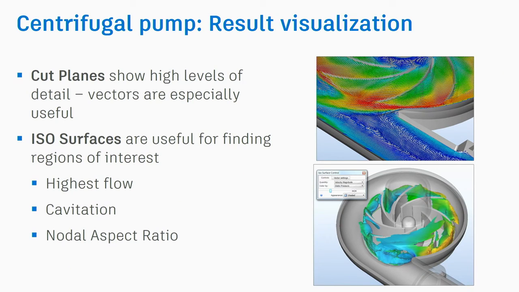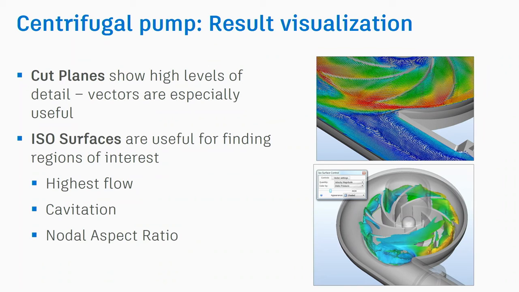So the cut planes, if you create a cut plane and then add vectors, you can see regions of high gradients of velocity, pressure, or even if you're simulating heat transfer, you can see the temperature change. You can see also regions of flow separation as the flow goes out of the impeller and then goes to the volute, or even recirculations, as you can see there.